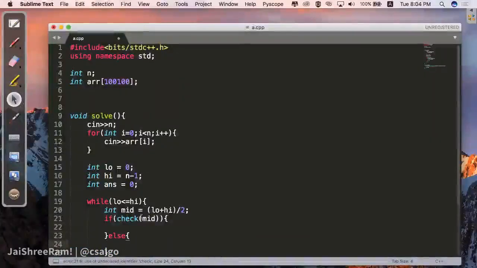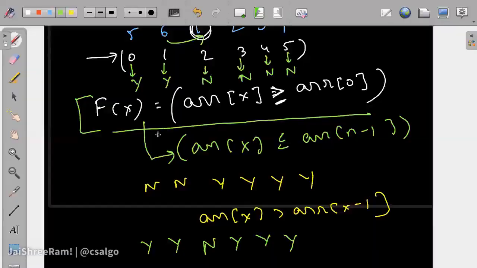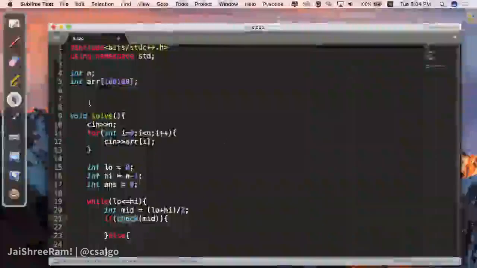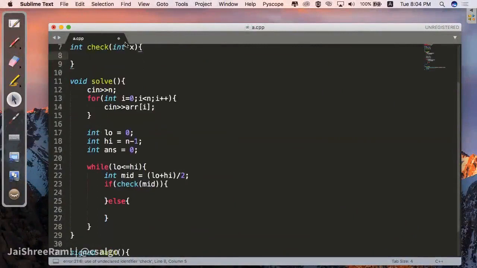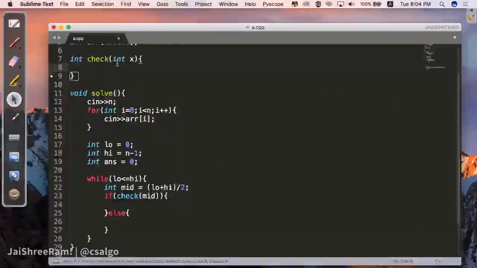So this mid is our x and check will be our f function that we talked about. I'm just changing the f function's name to check. So this will check whether it's a yes or no. We define a check function for a particular index, and that will give us whether it's a yes or no. And based on that, we will move.